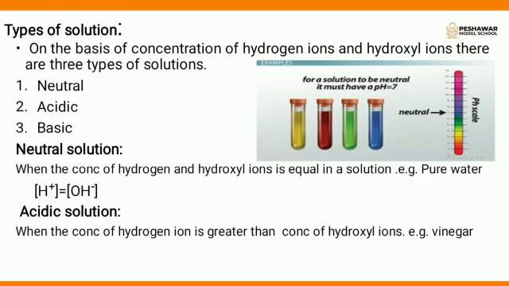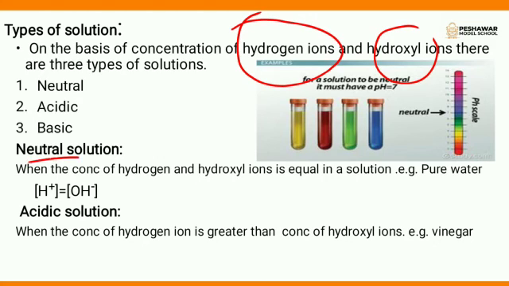Now, what are the types of solutions? On the basis of the concentration of hydrogen and hydroxyl ions, there are three types of solutions: neutral solution, acidic solution, and basic solution. What is a neutral solution? When the concentration of hydrogen and hydroxyl ions is equal in a solution, it means your solution is neutral.